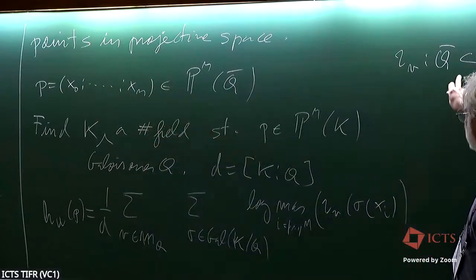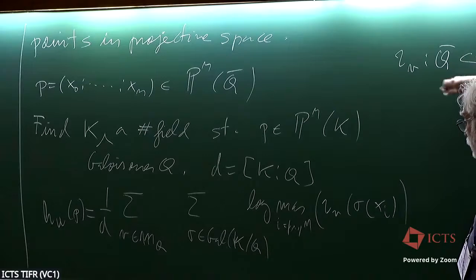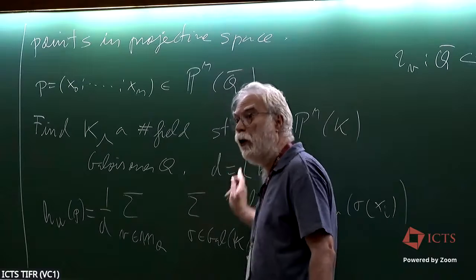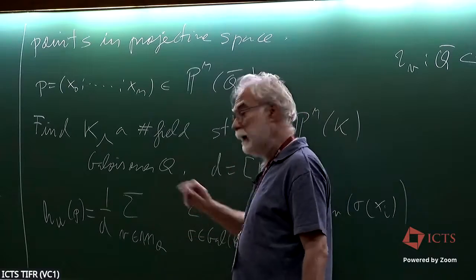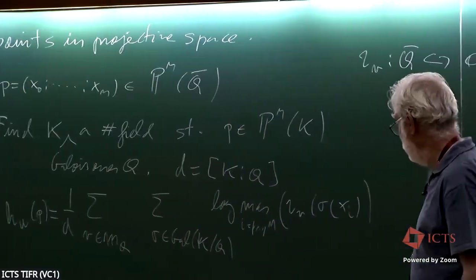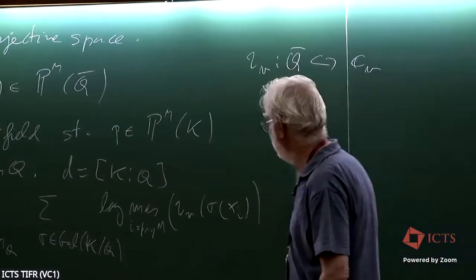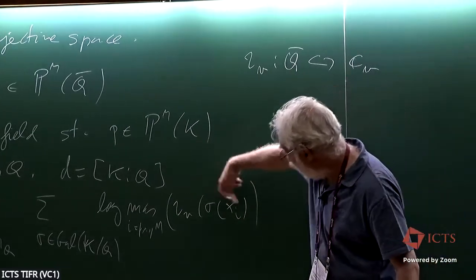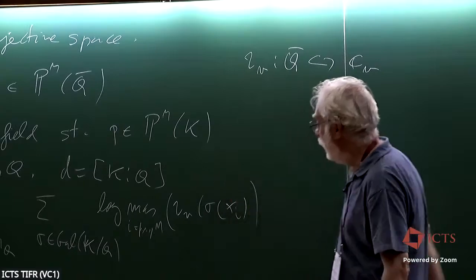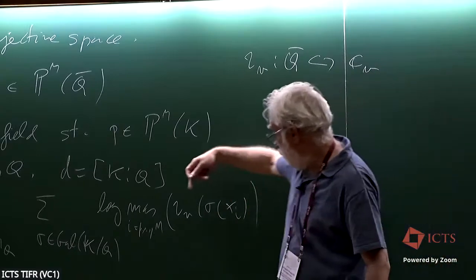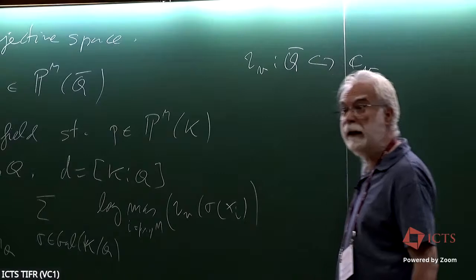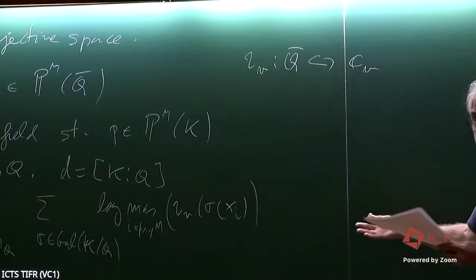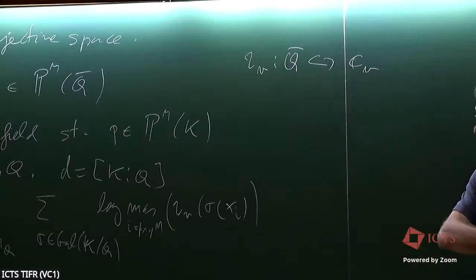But the problem is that I have to be sure that things will not depend on this embedding. So what I do here is to sum over all possible actions of the Galois group of K over Q, of sigma of this here. And then the fact that I am adding over all elements in the Galois group makes it irrelevant which embedding I choose, because in some sense this has the same effect as changing all possible embeddings.